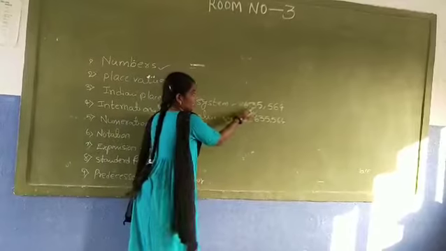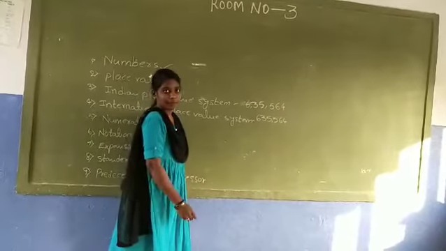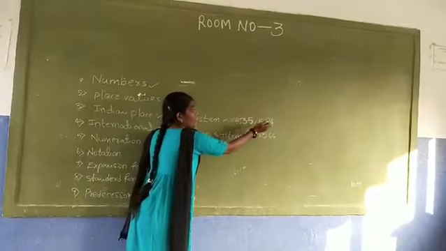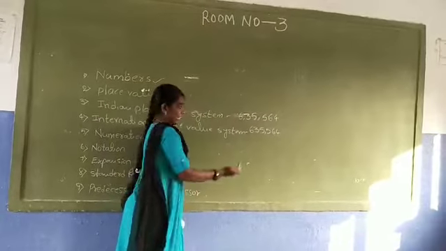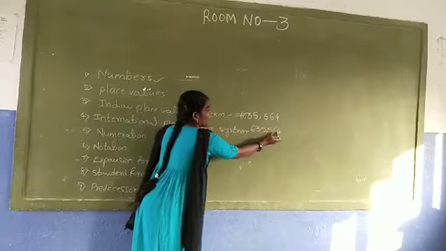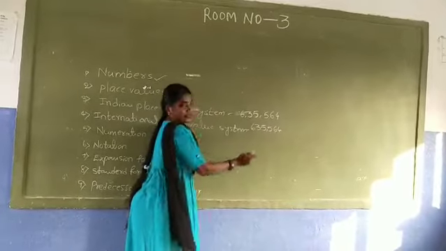This is the difference between Indian and international systems. In Indian system, we put commas after the first 3 digits, then each 2 digits. In international system, we put commas after each 3 digits.